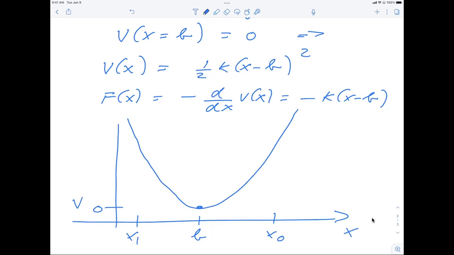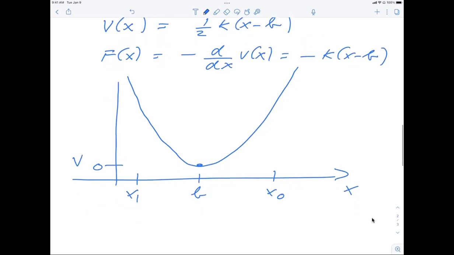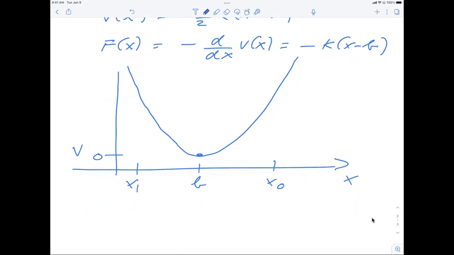And now we can start analyzing the system. Suppose that we start here, with an energy which we're going to call E0. We are also assuming that V0 is equal to E0. This is just an assumption we are making.